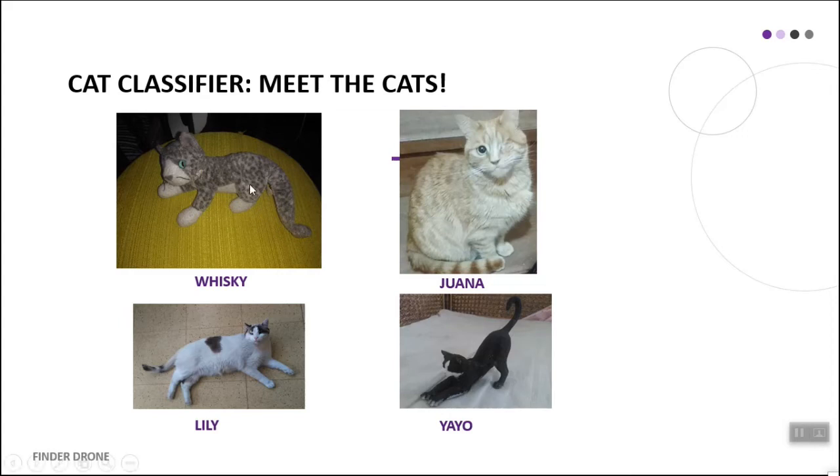That's one of the reasons I chose this: generating a data set based on videos is kind of easy. You just record the cats in different positions, different places, doing different things, and then you have many frames that become your data set.